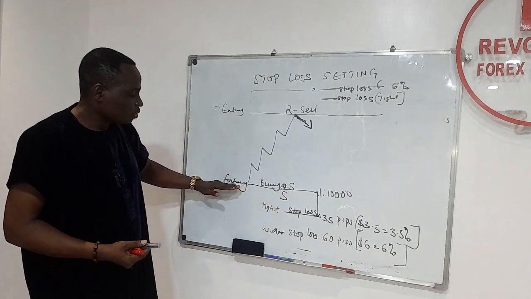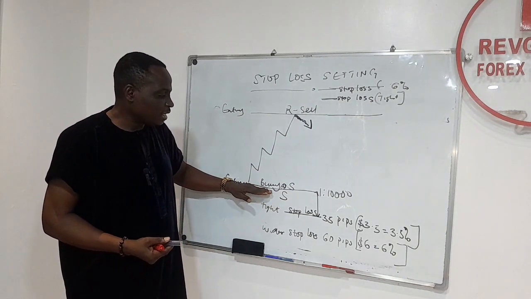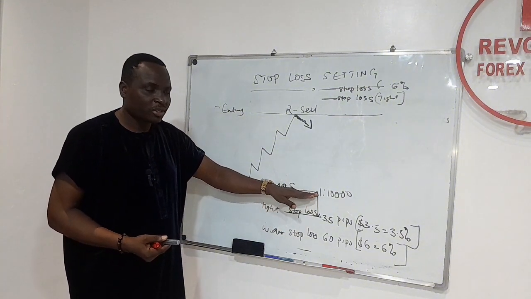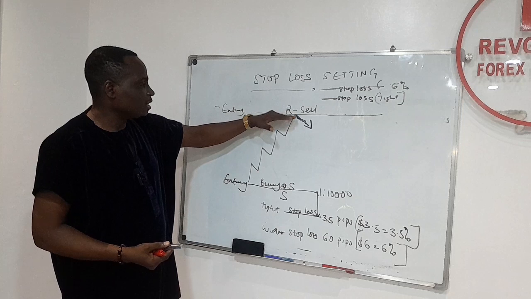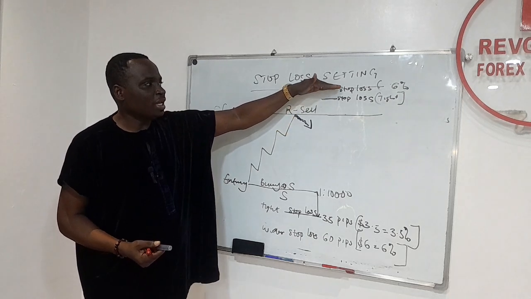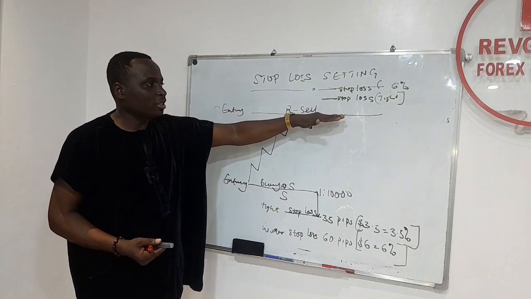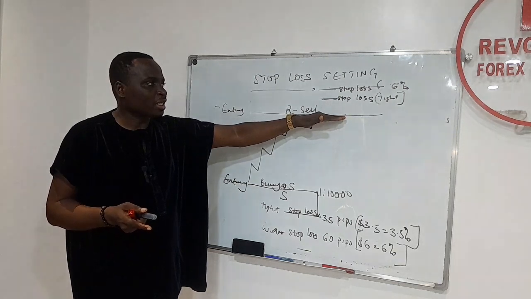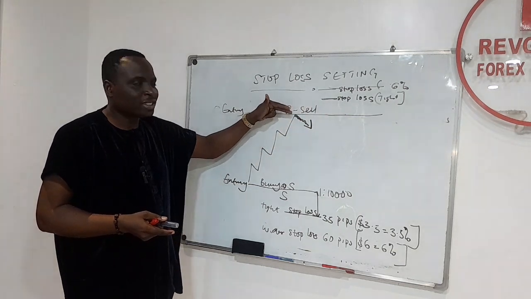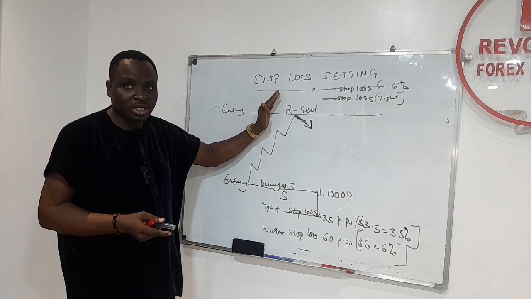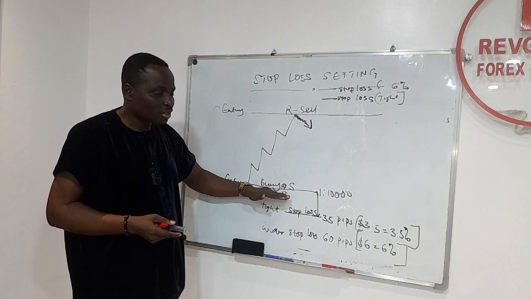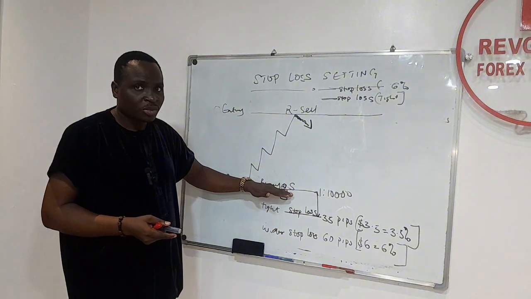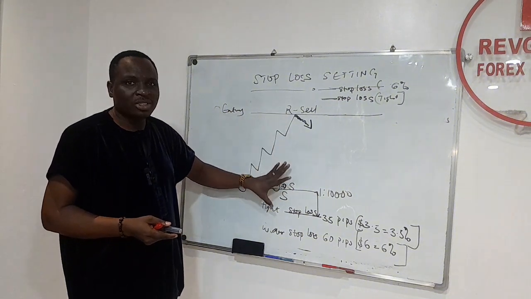So if you're buying, your stop loss will be below your entry point. If you are selling, your stop loss will be above your entry point. But the key factor there is to make sure you are selling at the key level at resistance. You are buying at what? At key level, support. So this helps to manage risk.